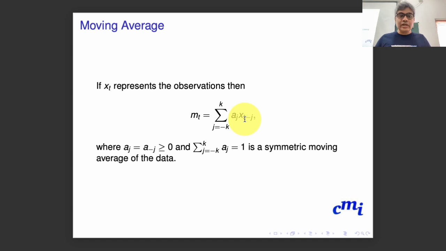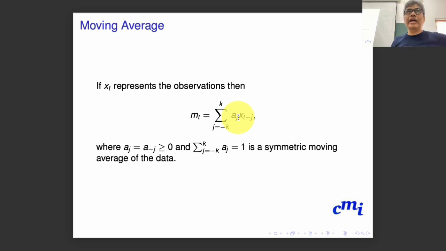Now the question is, obviously one thing we would like, you have to make sure this aj, which is a weight effectively, should sum up to 1. Otherwise, basically it should be a weighted mean.